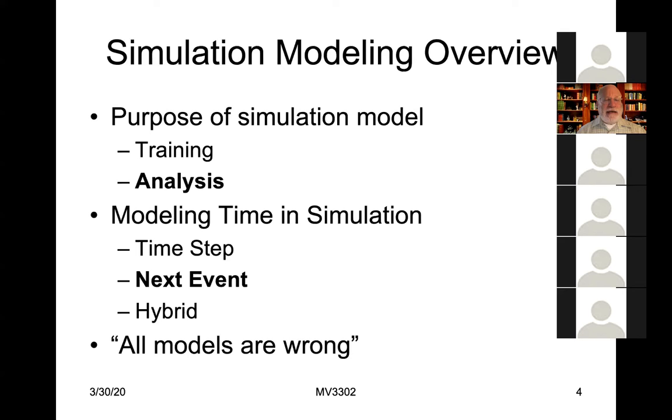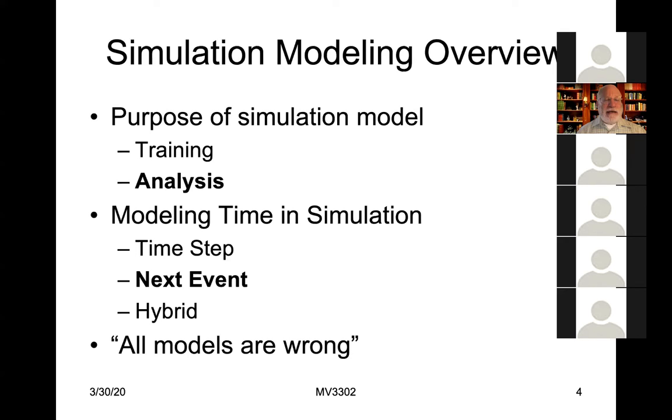Models like Repast Symphony are an example of this, where they try to have it both ways. In my view, that isn't really necessary. If you understand the next event time mechanism, then you don't need any type of hybrid. In other words, time step is really a subset of next event.